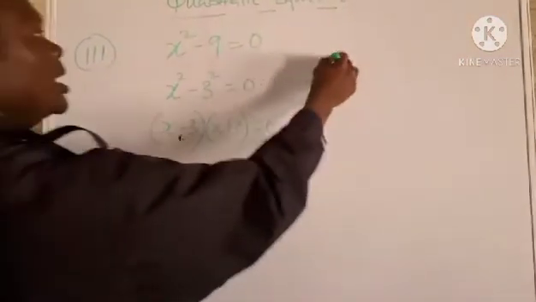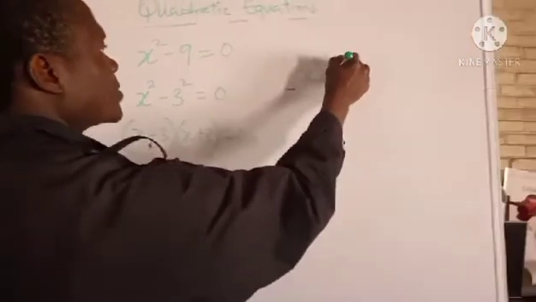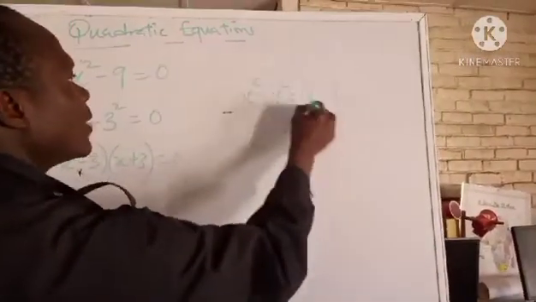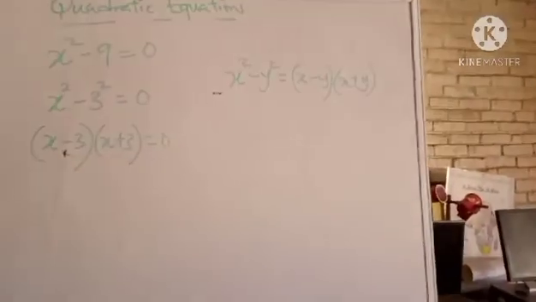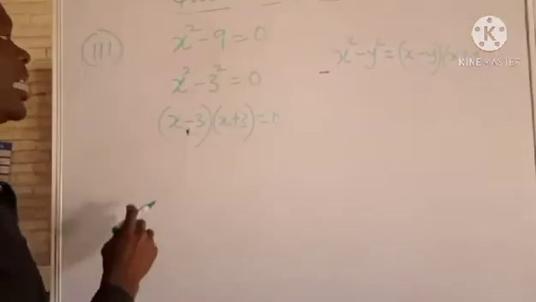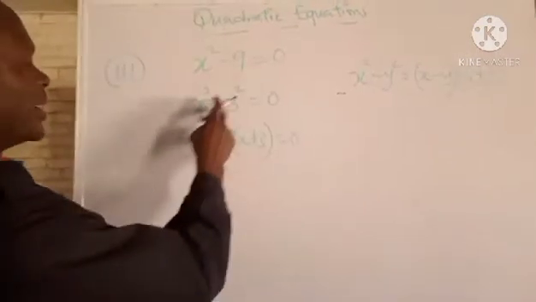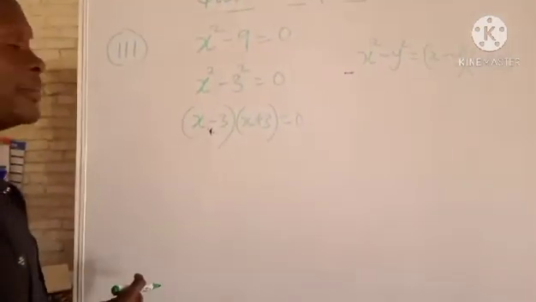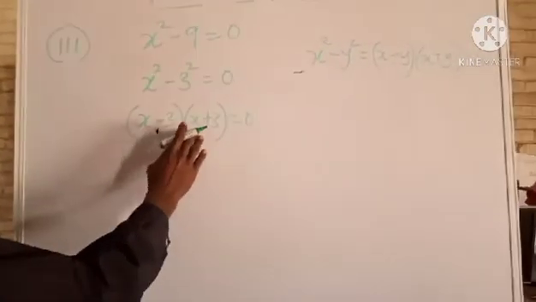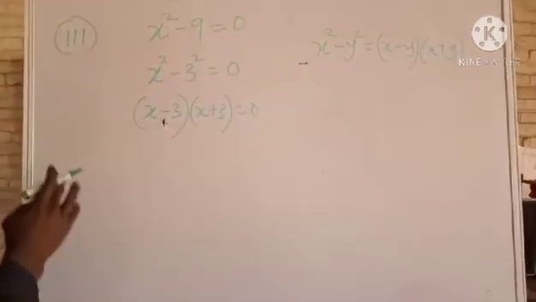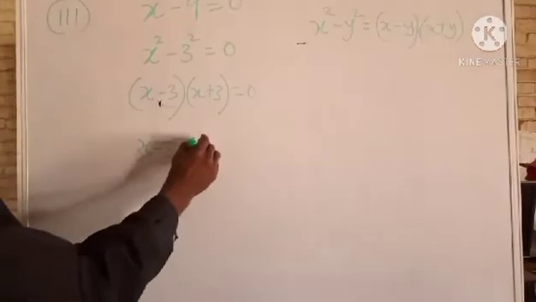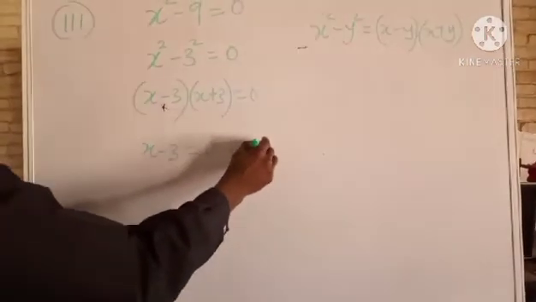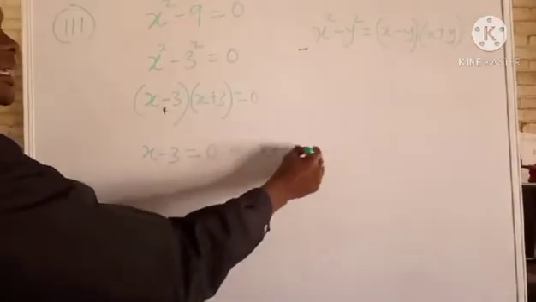From the rule, x squared minus y squared equals (x - y)(x + y). So, if I have x squared minus 3 squared, it is the same as (x - 3)(x + 3). Equating each to 0 now becomes x minus 3 equal to 0 or x plus 3 equal to 0.